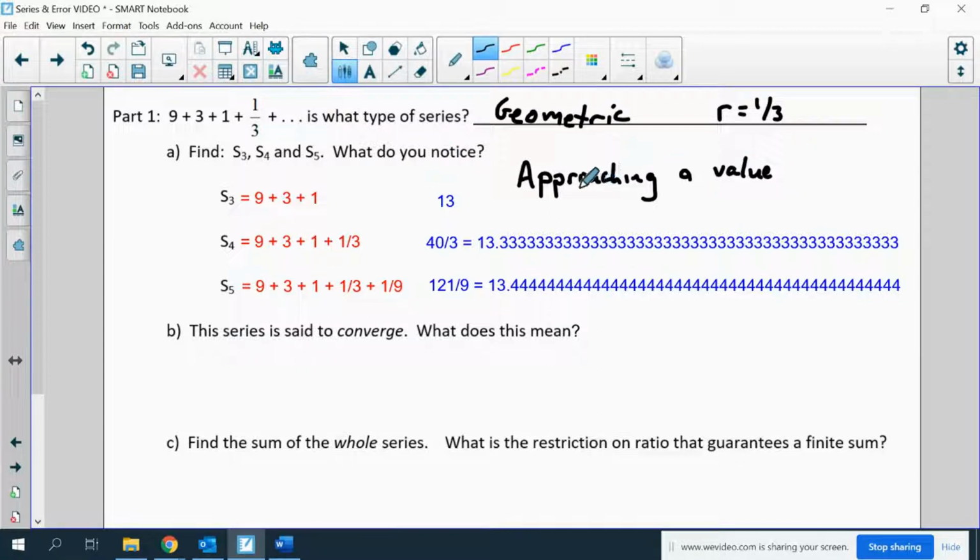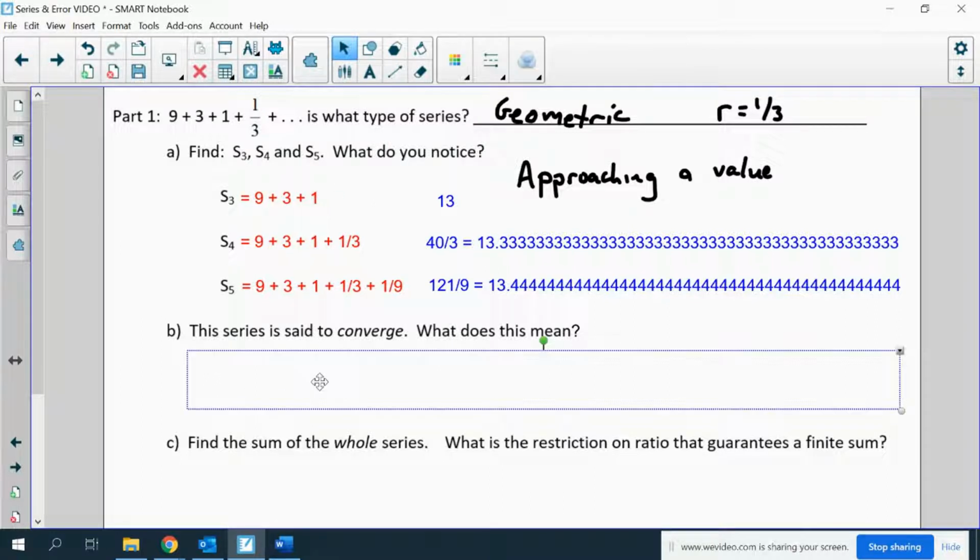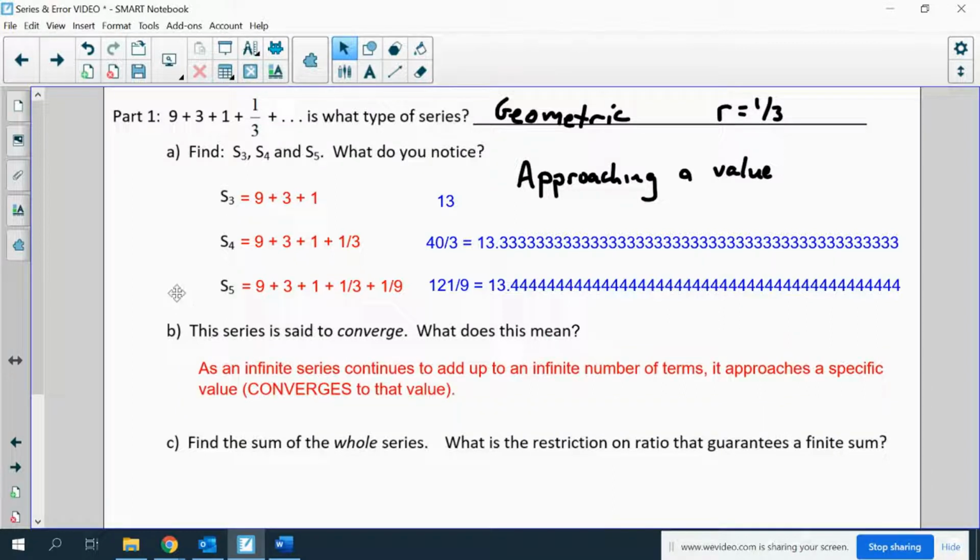So it appears that not much more is getting added. It's approaching some kind of value where it's not going to go any further, and that means that it converges. So a series converges when an infinite series continues to add up all of its terms and it approaches, or converges to, a specific value.